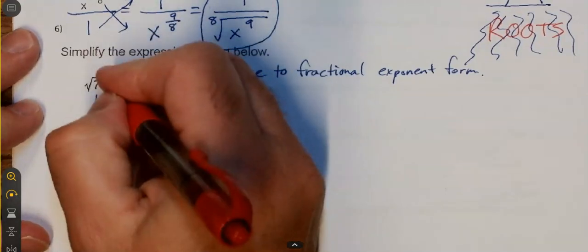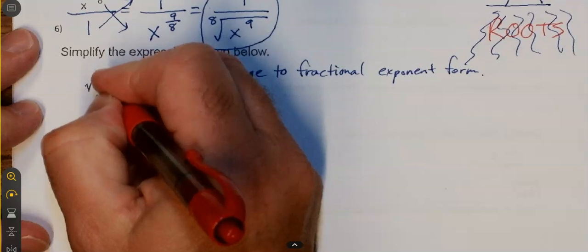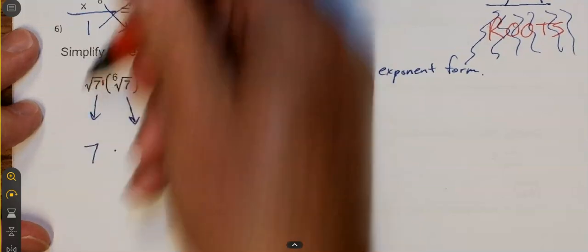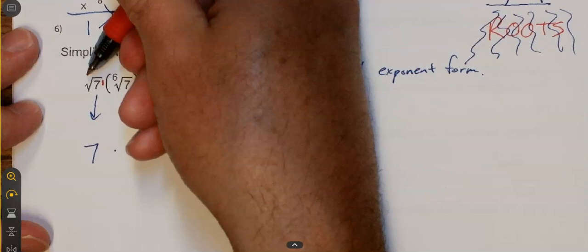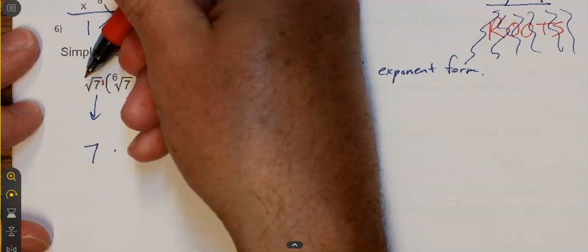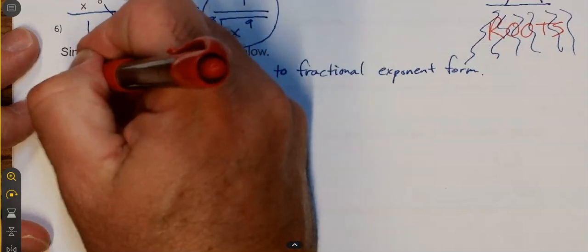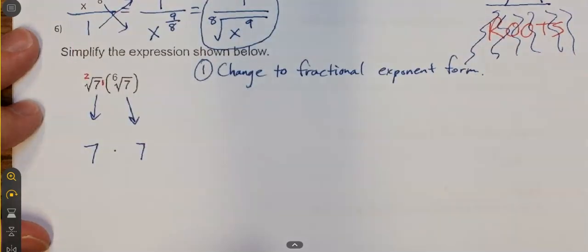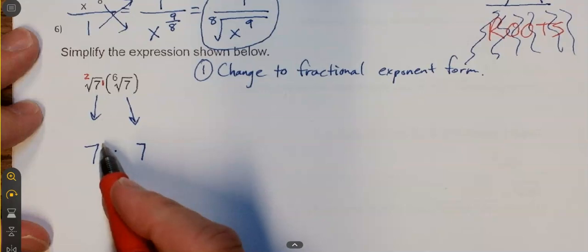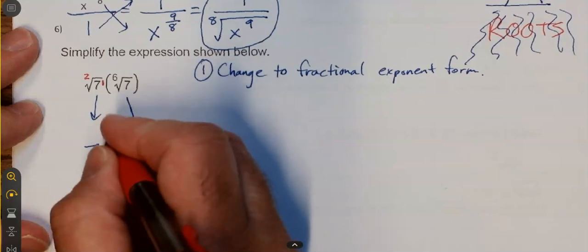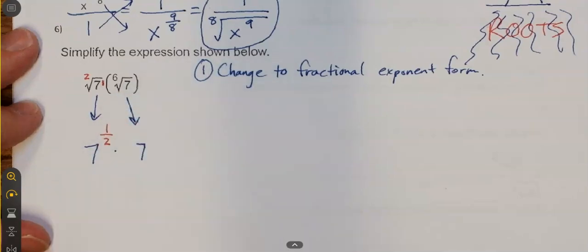Has to be. The power on the first one is a 1. What's the root on a square root? What is this index that normally is written here, but for a square root we never write it? It's a 2, right? So what's the fractional exponent that should be sitting right there? 1/2. Power on the top, root on the bottom.